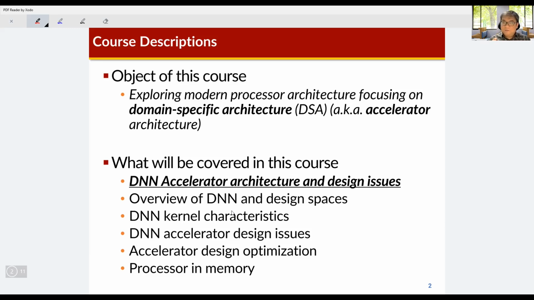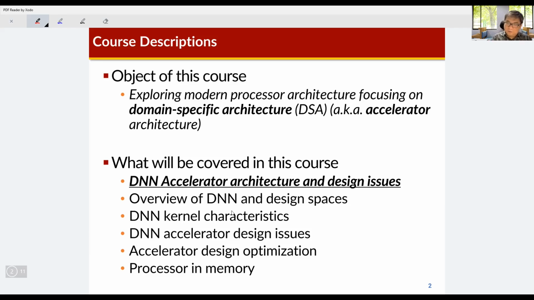In that course, I taught about out-of-order processor architecture. That's also very important because most modern processors have an out-of-order architecture in order to exploit instruction level parallelism. Instruction level parallelism is required in order to increase performance.